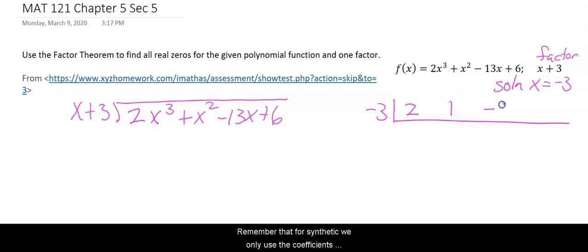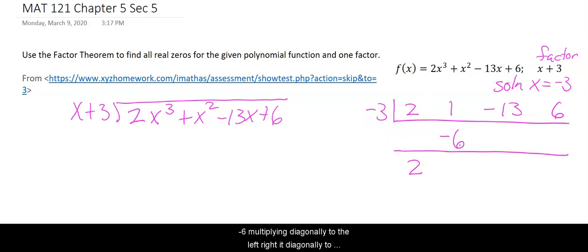Remember that for synthetic, we only use the coefficients of the dividend. They have to be in descending order by the power on the variable, and I can't have any missing terms. They have to be filled in. Using synthetic division, I would get 2 straight through, negative 6 multiplying diagonally to the left, write it diagonally to the right, add down, I get a negative 5.